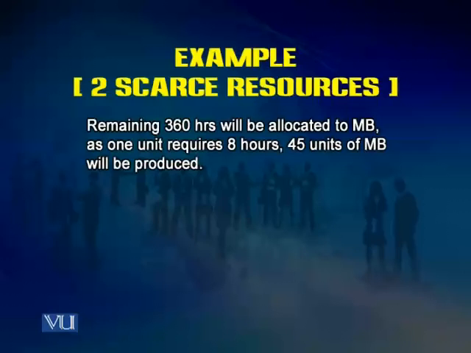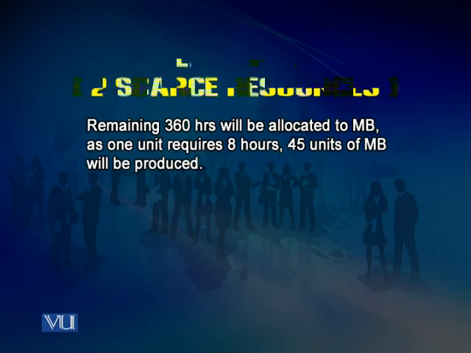The remaining 360 hours will be allocated to MB. As 1 unit requires 8 hours, 45 units of MB will be produced. From the total of 2,880, if 2,520 are going to be used in the production of BB, we will be left with 360 hours for the production of the MB.